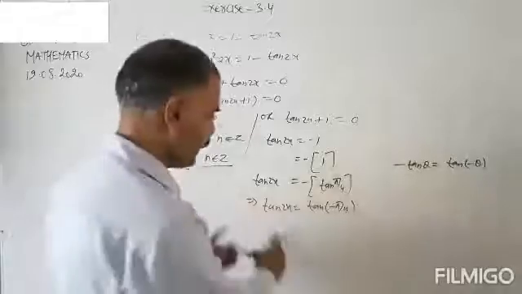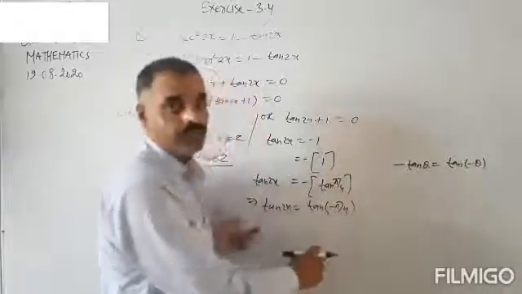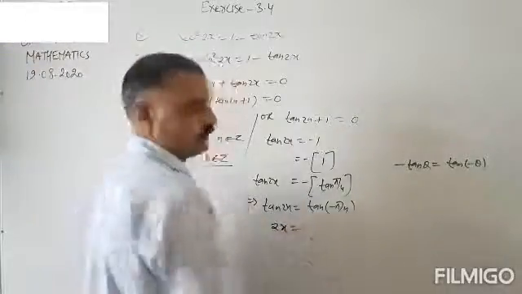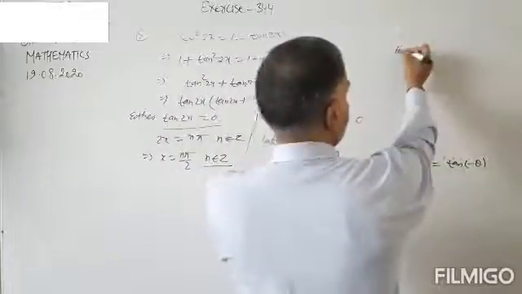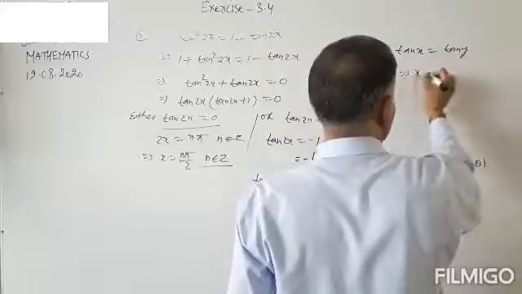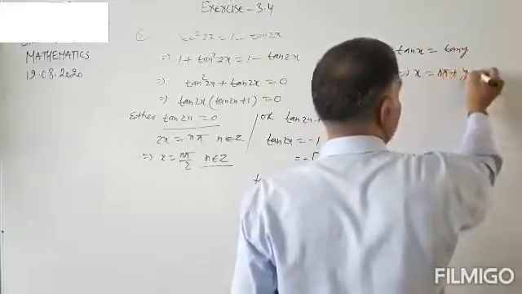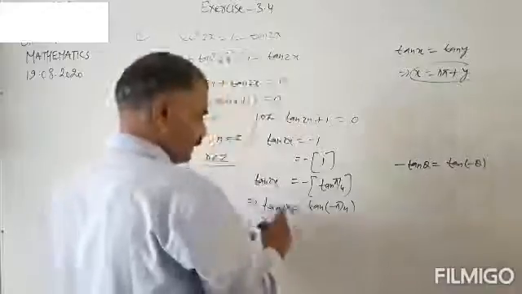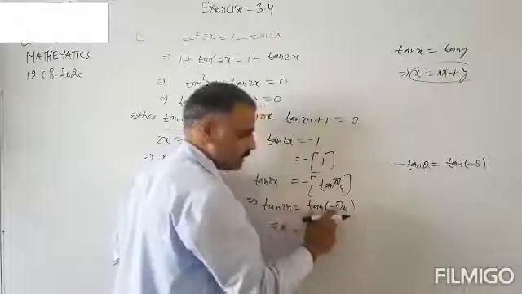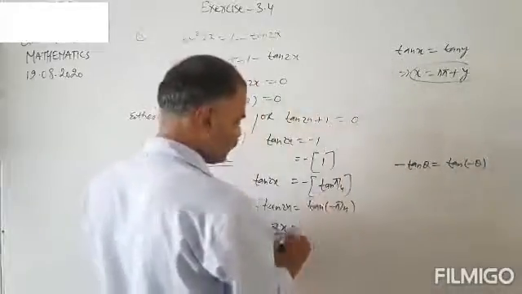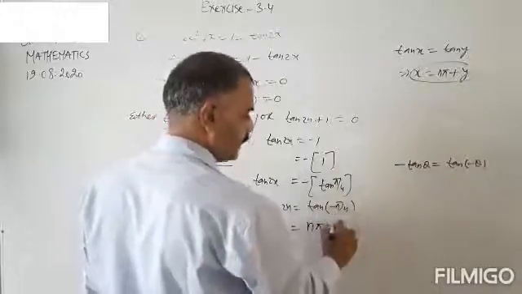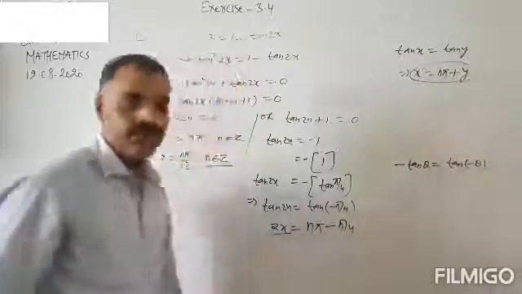So tan 2x equals tan minus pi by 4. The general solution of the trigonometric equation tan x equals tan y is x equals n pi plus y. So for tan 2x equals tan minus pi by 4, 2x equals n pi minus pi by 4.